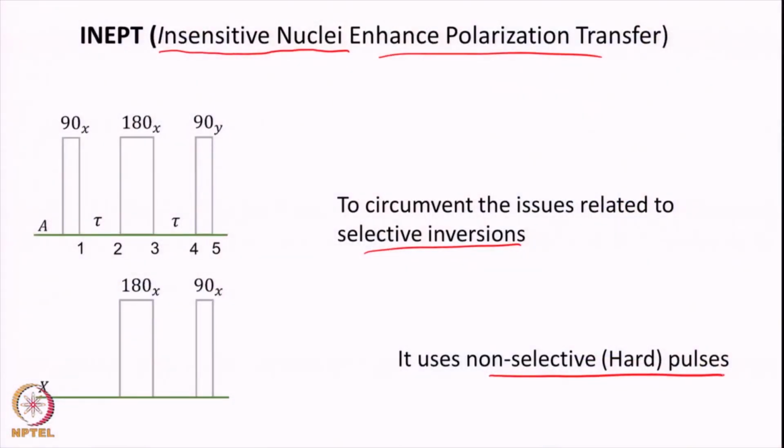In the INEPT case, we do not need that transition selective pulse. One can use a non-selective pulse, which is called a hard pulse. The symbol for a hard pulse is a square shape, and soft pulses look something like this. Hard pulse means their bandwidth is quite high, and for a soft pulse the bandwidth is low; that is why they are called hard pulse and soft pulse.